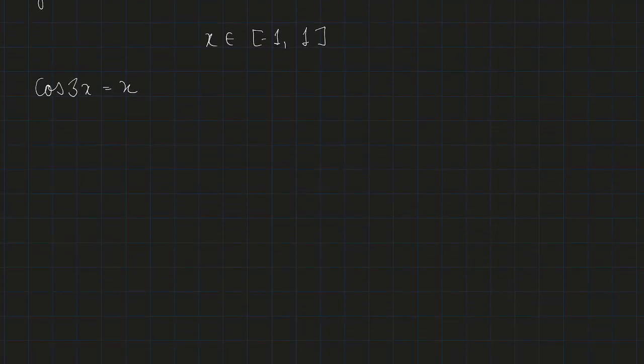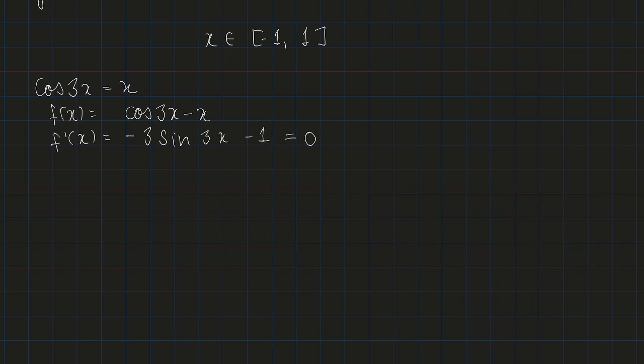Now, I have my domain, and let's say I take my f of x to be cos of 3x minus x. The first derivative is just -3 sine 3x minus 1, okay?